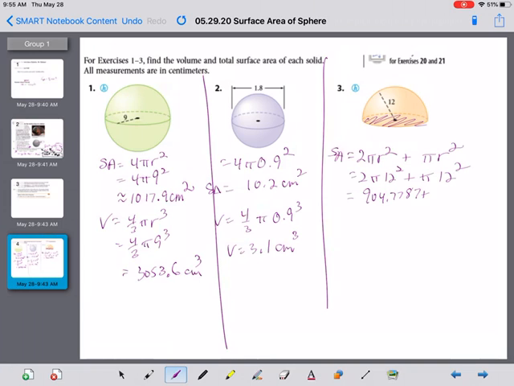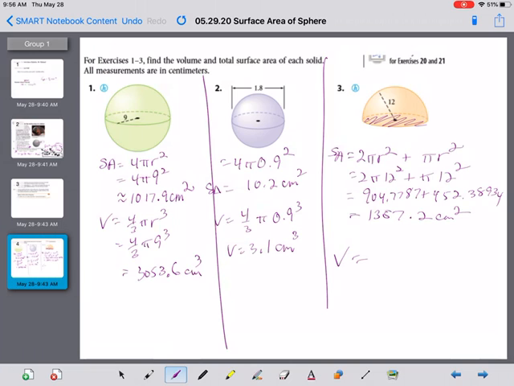Now, when you're doing this in your project in the homework, if you're doing some calculations in between, don't round till the end. Keep as many decimal places as you can until the end. So there it is, 1357.2.